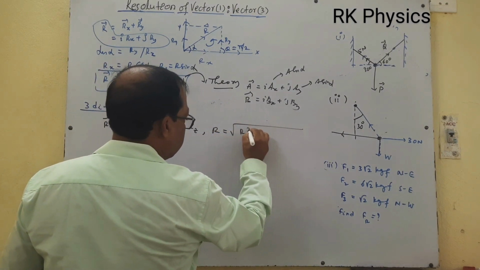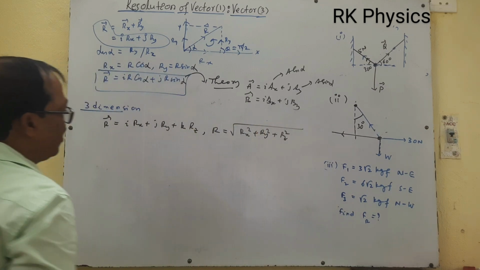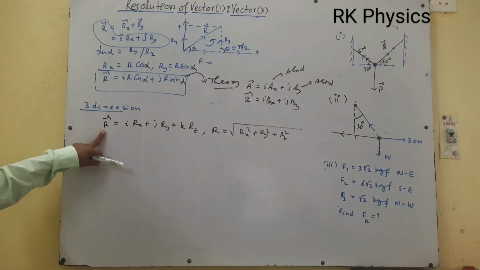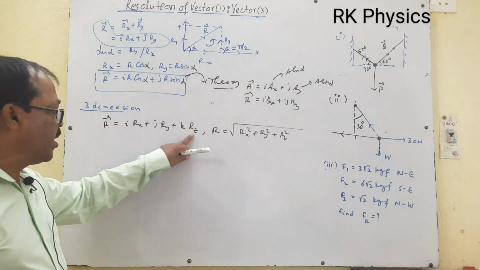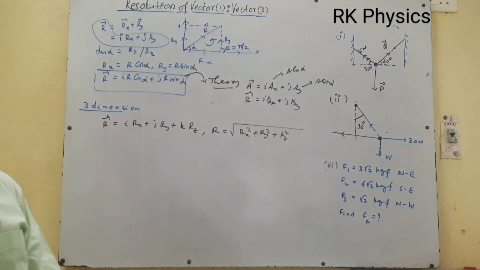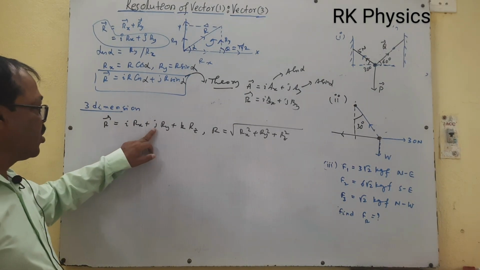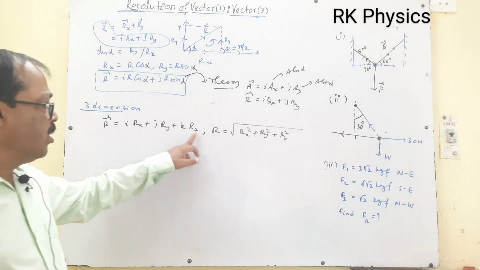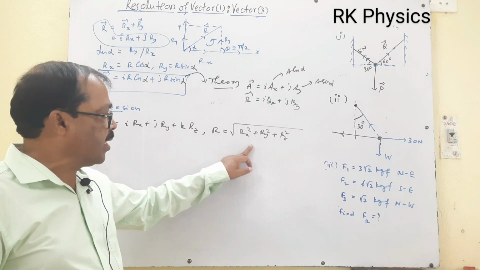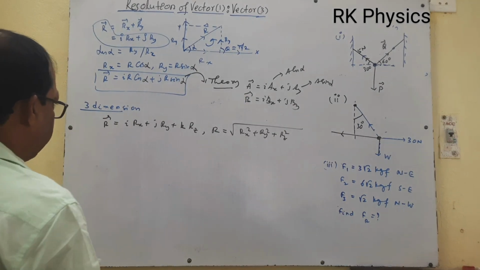Root over Rx square plus Ry square plus Rz square. Similarly, if you take vector A, i Ax plus j Ay plus k Az. Magnitude A is root over Ax square plus Ay square plus Az square. If you take vector B, i Bx plus j By plus k Bz. Magnitude B is root over Bx square plus By square plus Bz square. Similar process you can write.